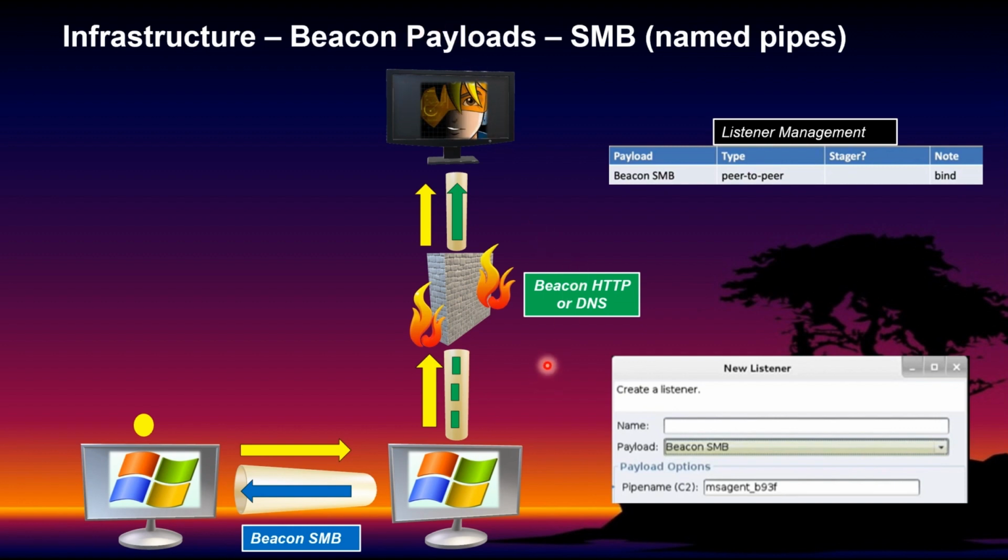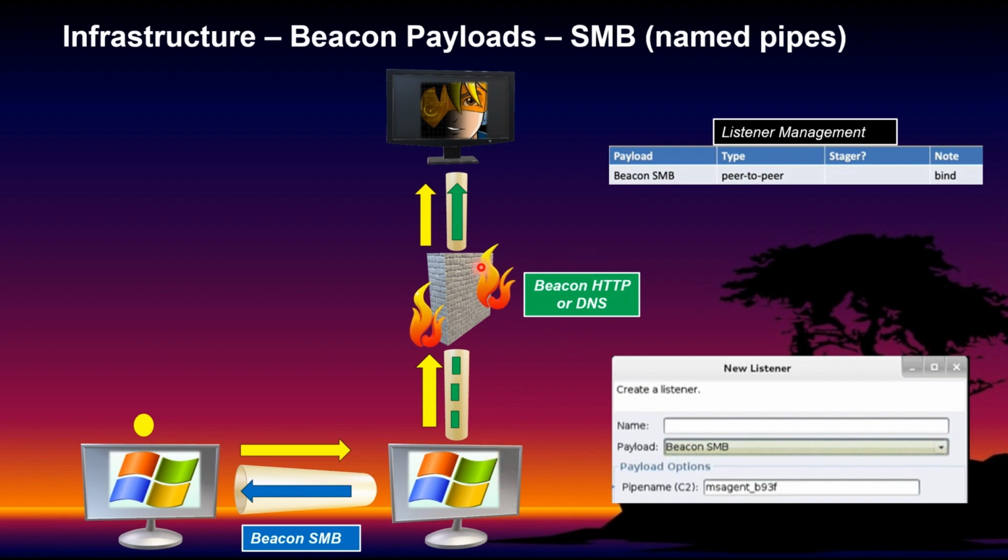Of course, it's very important to notice here that we use the beacon SMB because it's peer-to-peer, so it's connecting this host to this one, or this is communication between two processes, this one on host 1 and this one on host 2.